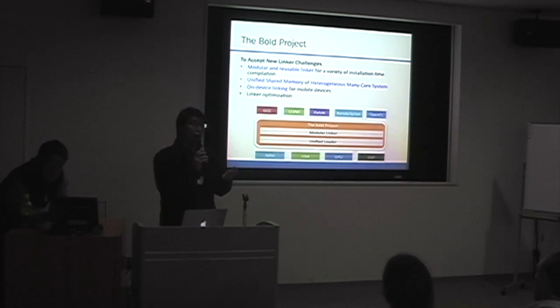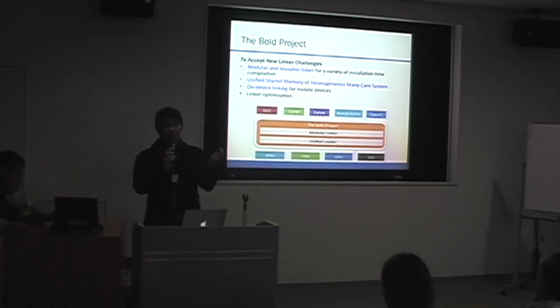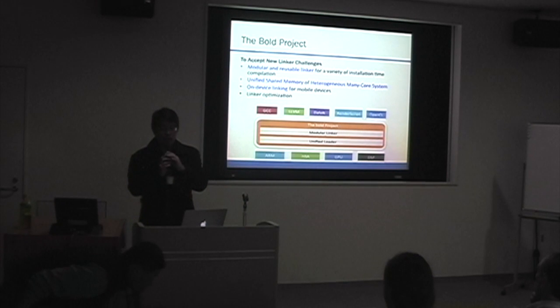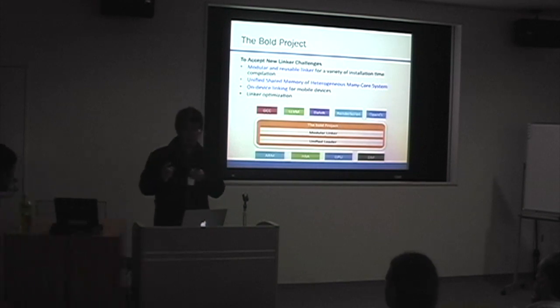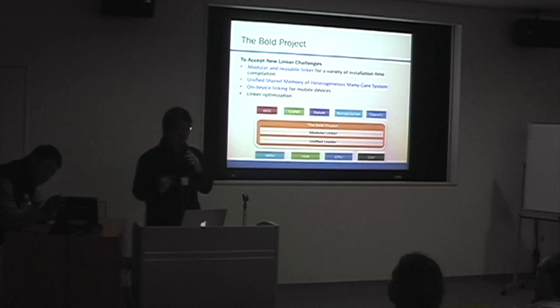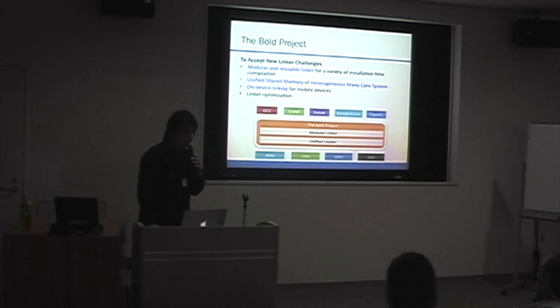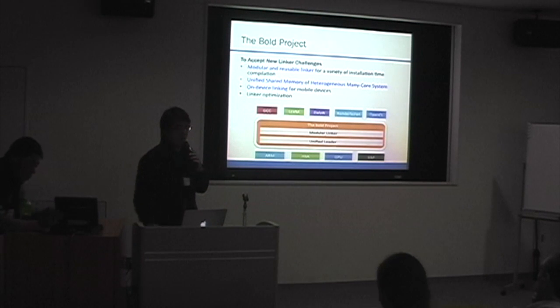For example, if you want to share pointers between GPU and CPU, and if the CPU is 64 bit but the GPU is 32 bit, then they need some facility to switch between these two memory spaces. And the linker may be the best position to handle this.